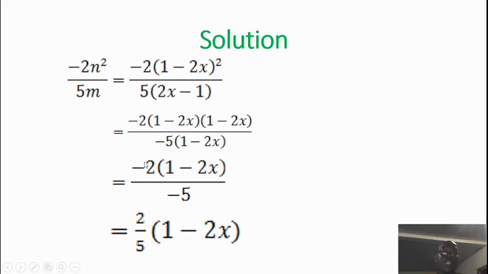Here we have minus 2, here we have minus 5, but minus 1 dividing each of them will leave us with 2 over 5, which has to multiply 1 minus 2x. You understand what we did? The game played here is, I turned 2x minus 1 into 1 minus 2x, then introduced a negative sign, so that if I return it, it is still the same expression.